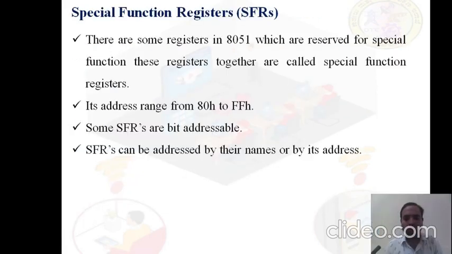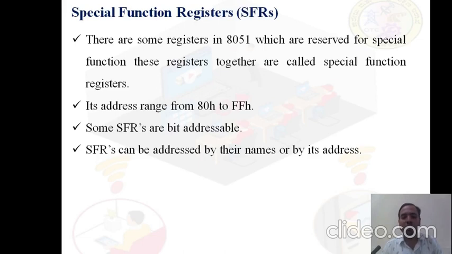Students, now we will see special function registers, SFRs. There are some registers in the 8051 which are reserved for special functions. These registers together are called special function registers, whose addresses range from 80H to FFH. From the address 80H to FFH, we have many special function registers which perform special functions.